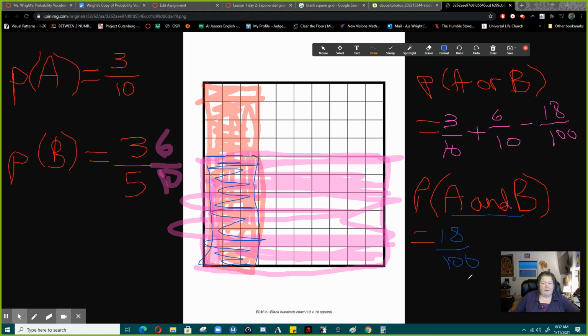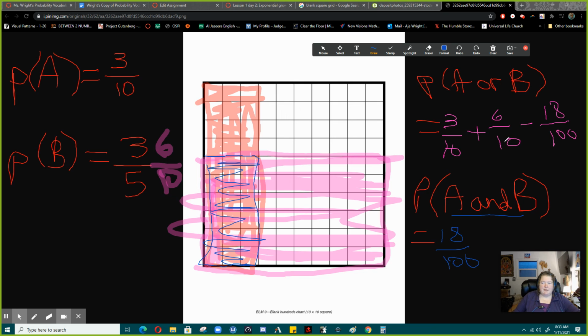So for the probability of A and B, the word and makes it really small. It's just the overlap section. Or makes it really big because it's like the combined sections overall. And this would be 30 100ths plus 60 100ths, right? So that's 90 100ths minus 18 100ths.